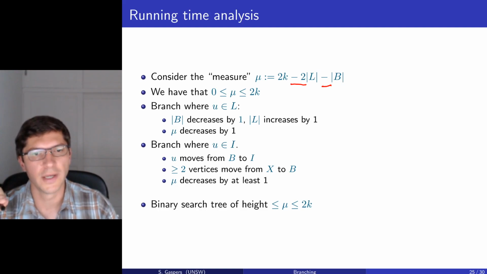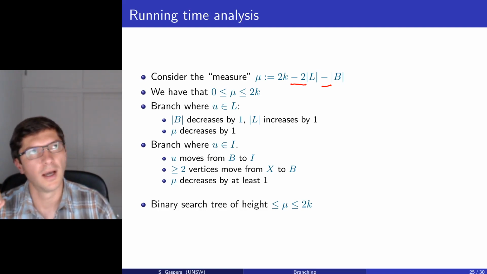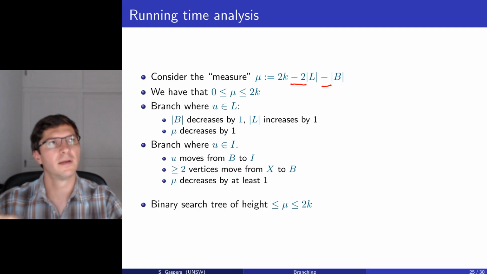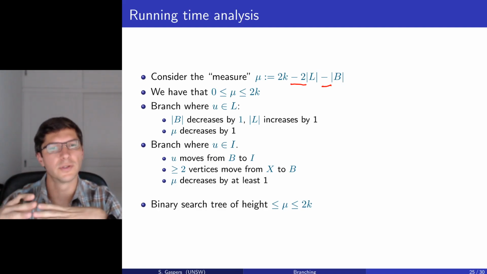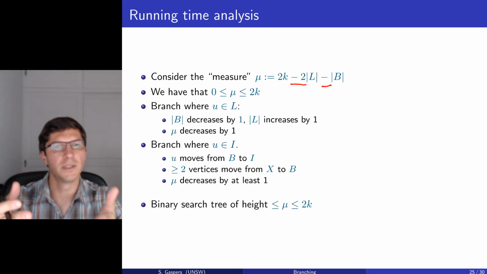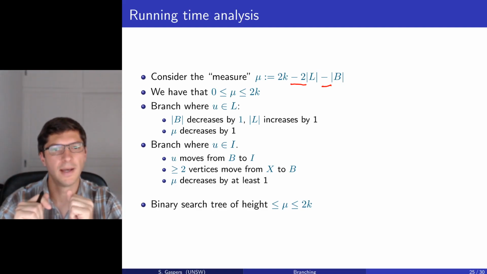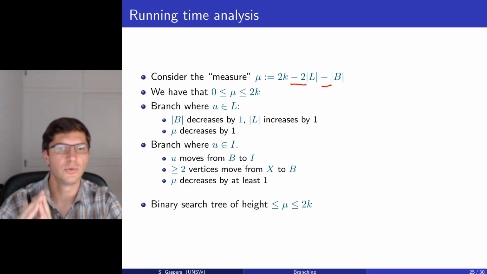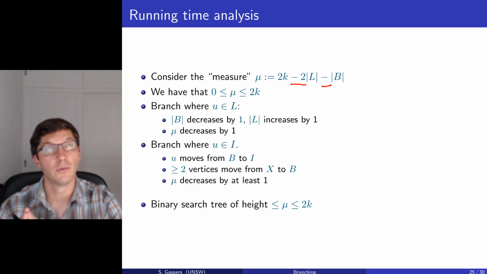If we make U an internal node, so we know that by the follow path lemma at some point, 2 vertices get added to B. So one vertex disappears from B, that's U, and at least 2 new vertices move from X to B. So B increases by at least 1. Nothing happens to L, nothing happens to K, so we have that mu decreases by at least 1.